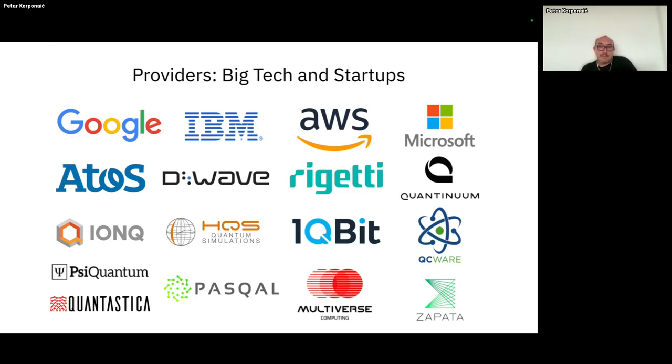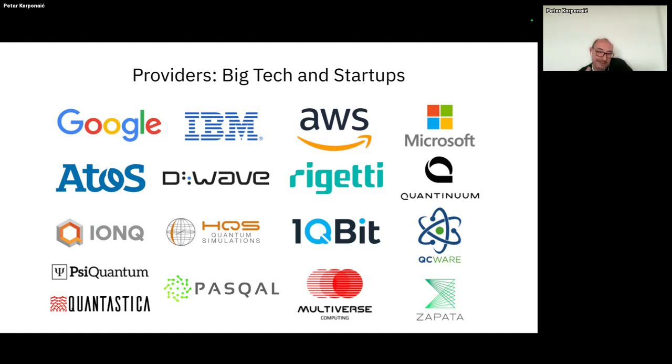IBM, for example, is offering free quantum computers. Some older and less advanced models are free to use. So not only do quantum computers exist, you can use them in a cloud and you can use them for free. So it's reality today.